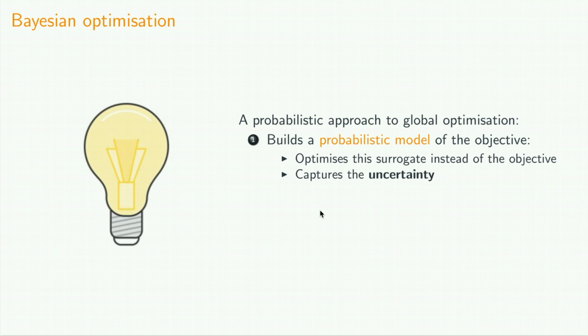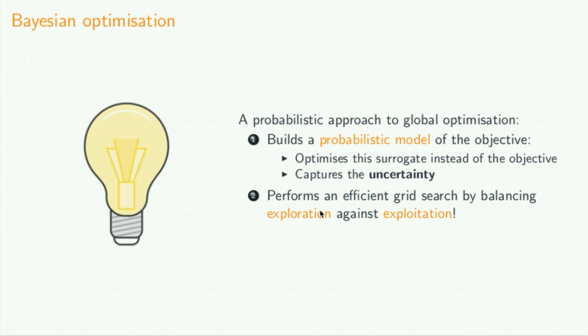And we want the model to be probabilistic in the sense that we would like to estimate our confidence about a prediction made by the surrogate. We want to capture uncertainty. And this is a critical component, because this will enable us to search the grid, whether random or not, of those points to evaluate by balancing exploration and exploitation.